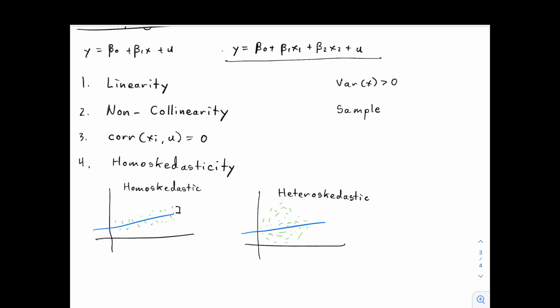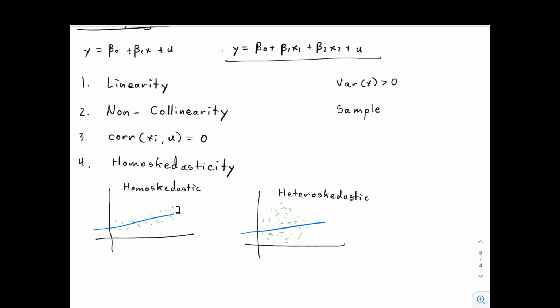The fourth assumption is that of homoscedasticity. Essentially what homoscedasticity means is that if we look across our different data points, we have a fairly consistent distance between our data points and our model. So that's the sketch on the left, where we can see that the distance between our green points and our blue line representing our model is fairly consistent across all our observations.